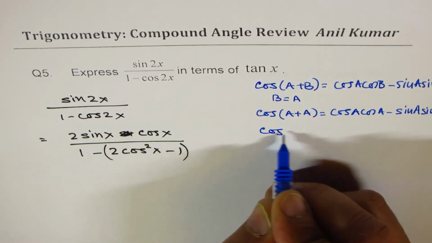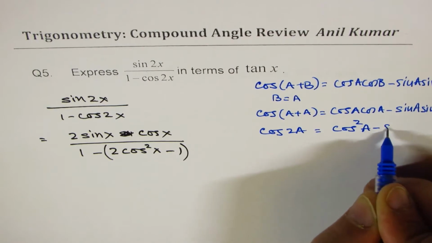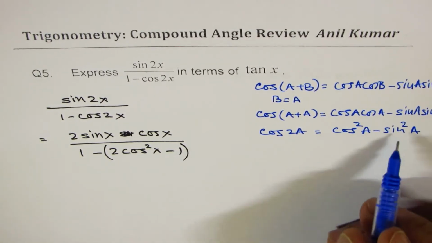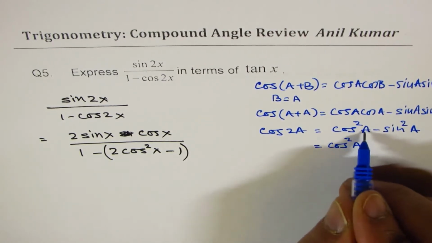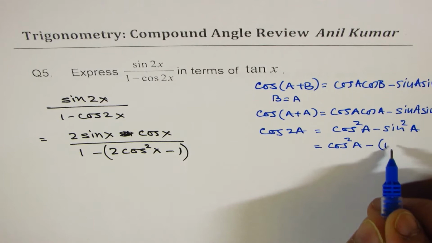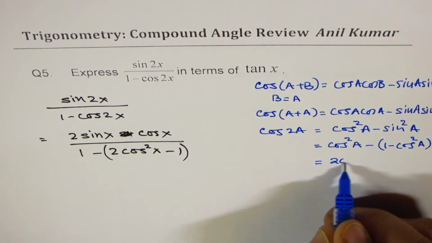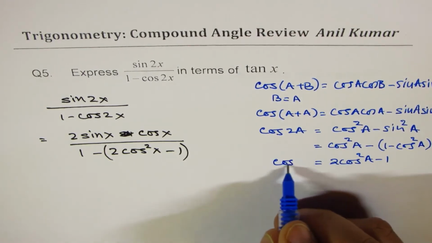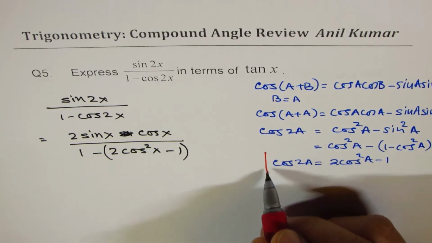Or I can say cos of 2a equals to cos square a minus sine square a. And to get everything in cos, I could actually write, now this is an important formula, sine square a as 1 minus cos square a. And that gives you 2 cos square a minus 1, correct? So cos 2a could be also written as 2 cos square a minus 1.